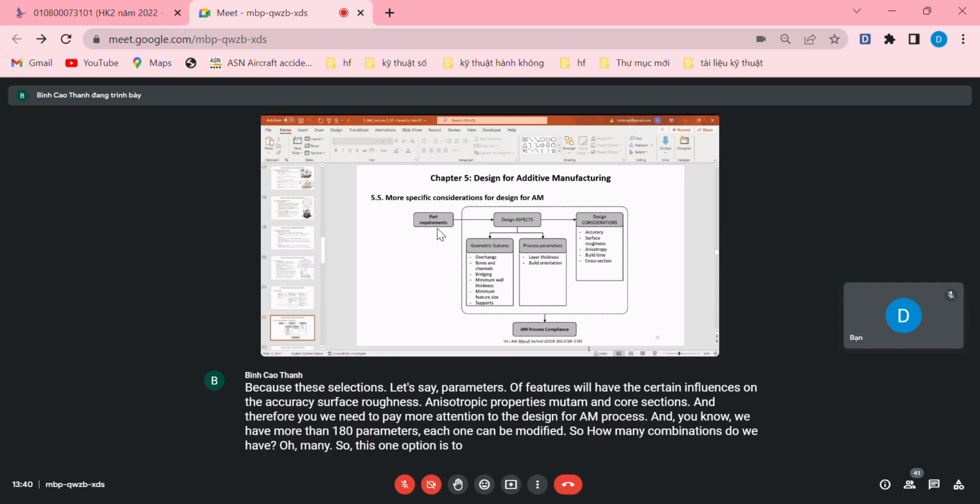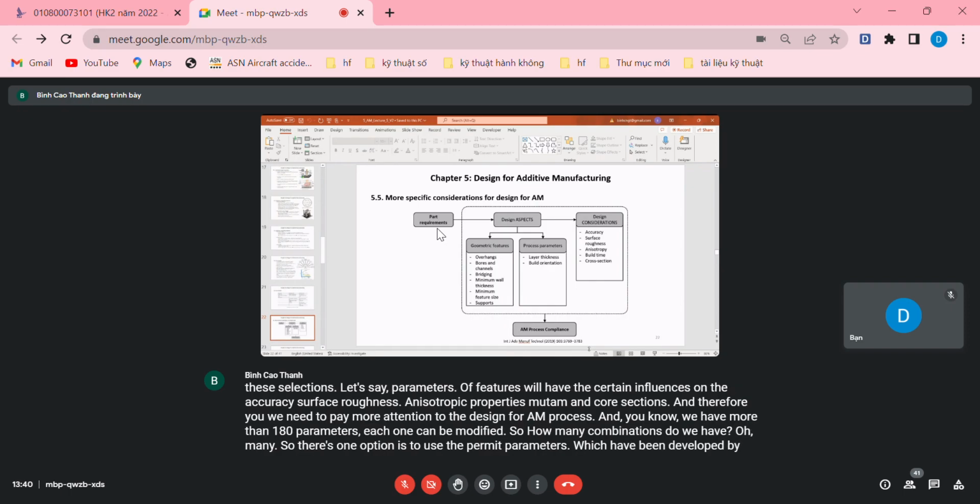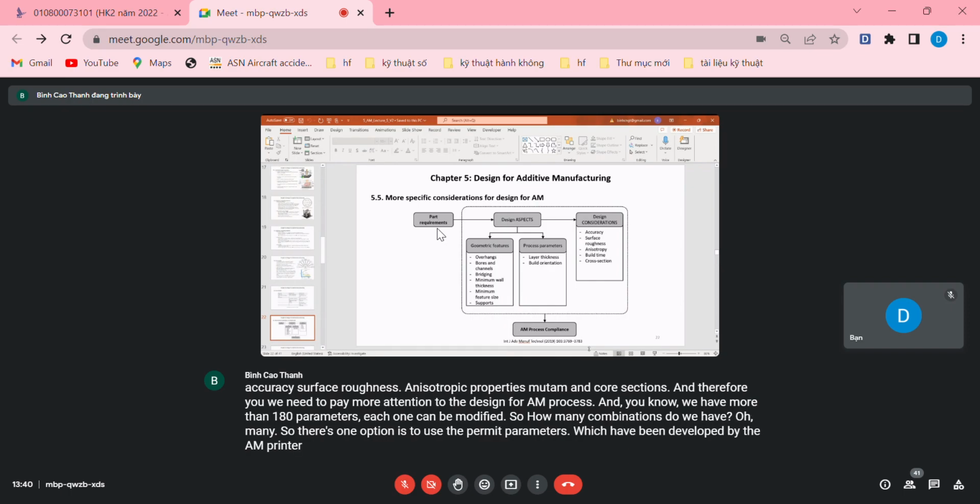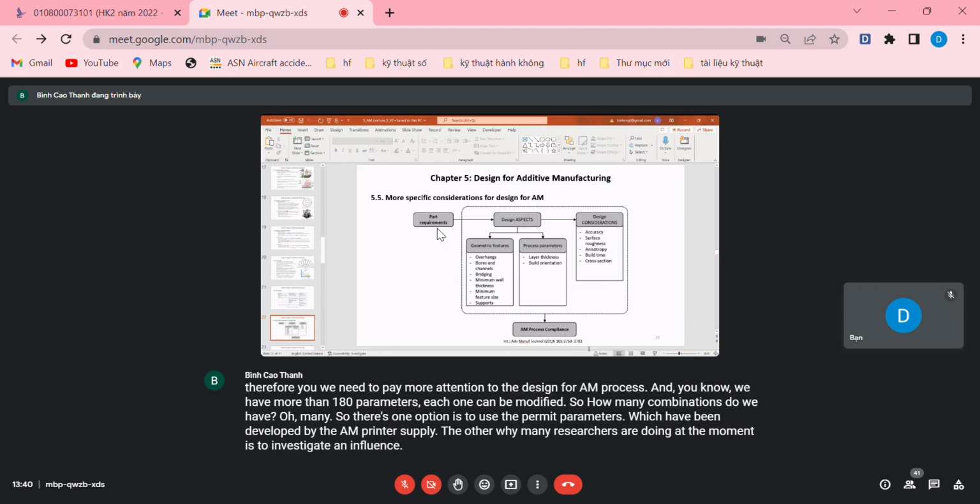One option is to use the parameters which have been developed by the AM printer supplier. The other, like many researchers are doing at the moment, is to investigate the influence of certain parameters on the final quality of the part.